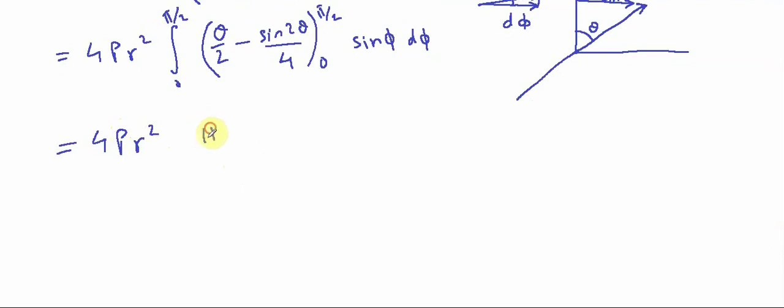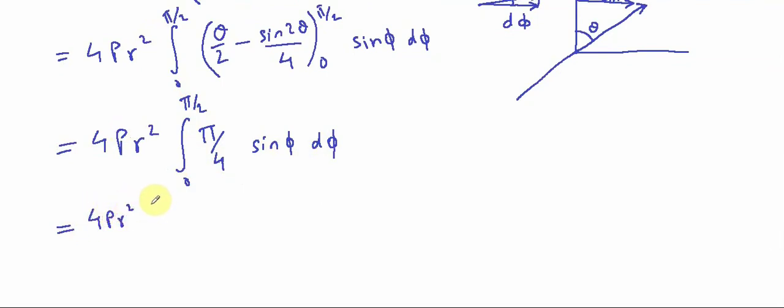So you have pi by 4 as the evaluated integral, and 0 to pi by 2 sine phi d phi. So pi by 4 is taken outside: 4p r square pi by 4 integral 0 to pi by 2 sine phi d phi.